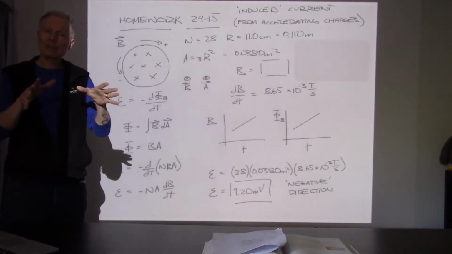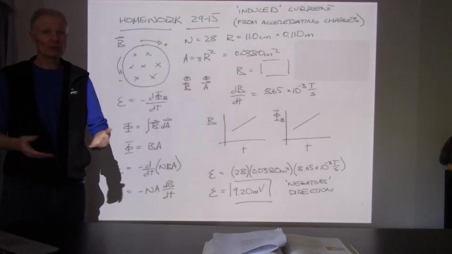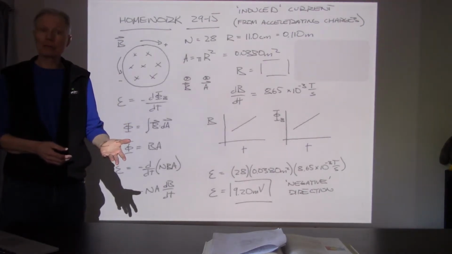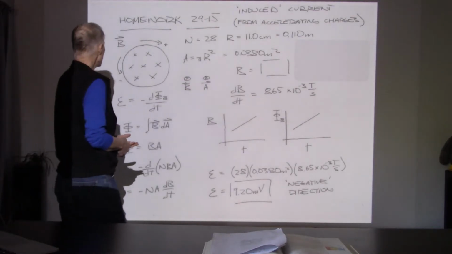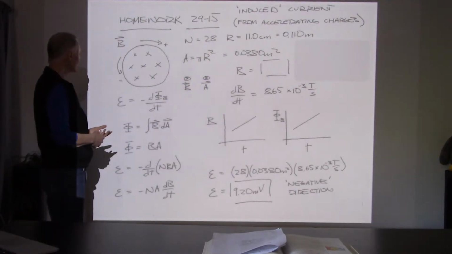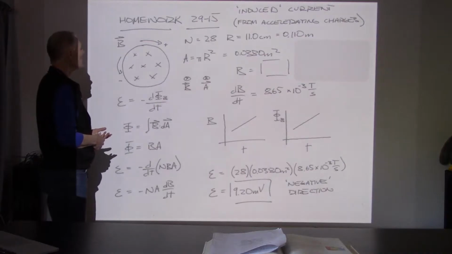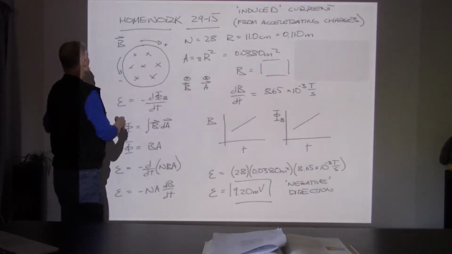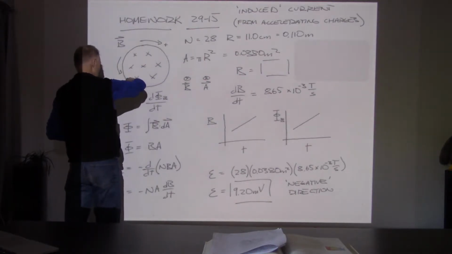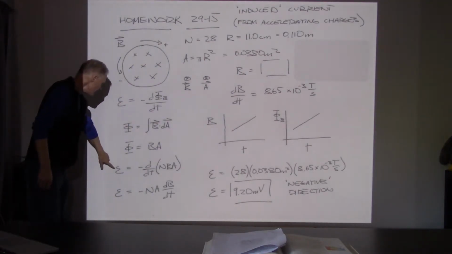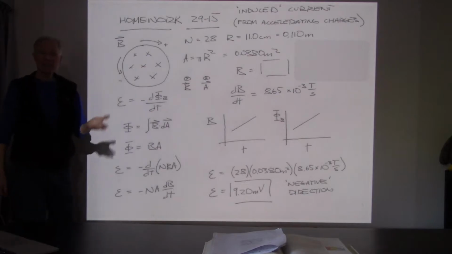Specifically, electric fields get generated when charges are accelerating, versus when they're at rest or moving at constant speed, and those are the E fields we're looking at here. Those E fields are going to become circular, and the E fields will create an EMF.